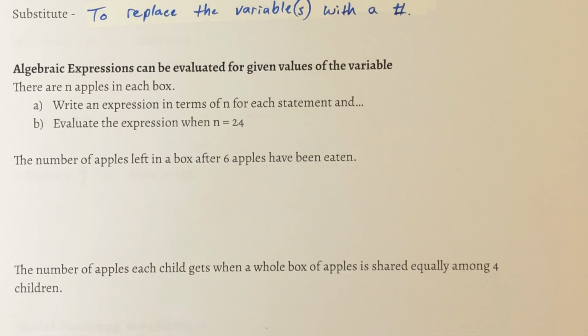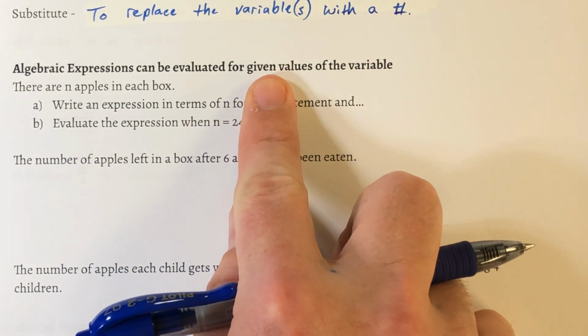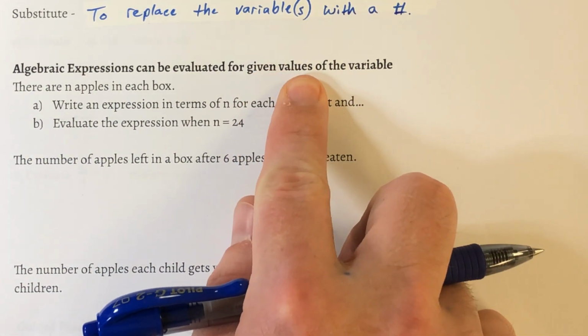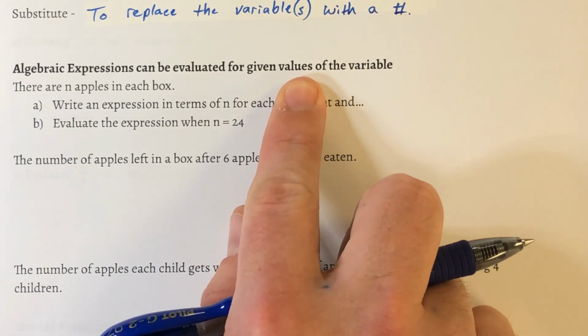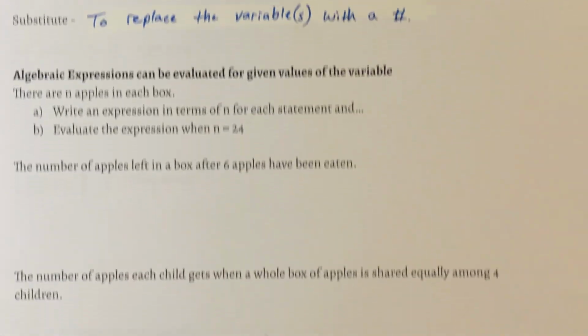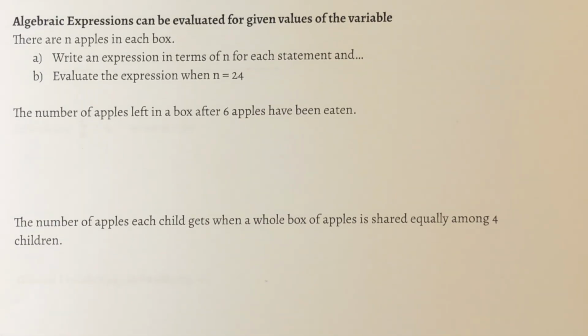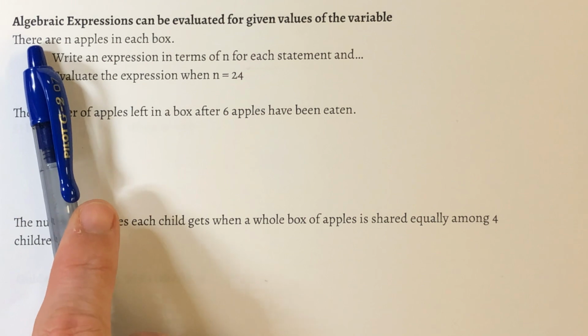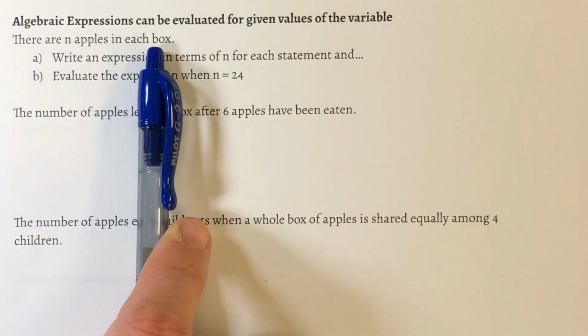So, algebraic expressions can be evaluated for given values of the variable, meaning you're going to be given what the variable is equal to, and you can then solve it or evaluate it. So our first example, we're going to actually write an algebraic expression, and then we're going to evaluate it with a given value. So in our example, it says, there are n apples in each box. What does that mean?